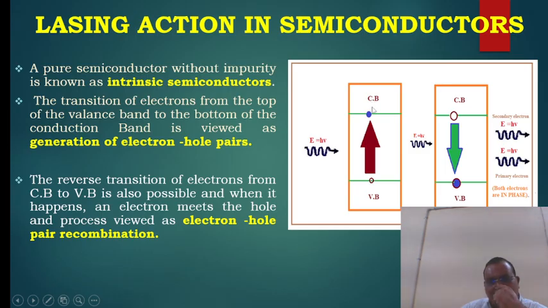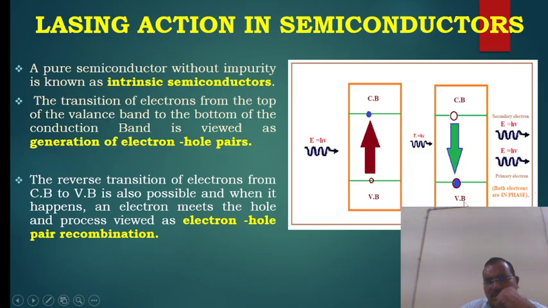This is just like stimulated absorption. And after that, in the particular state, if you again give an external photon to the system, what happens? There is no state above this, because it is a semiconductor.